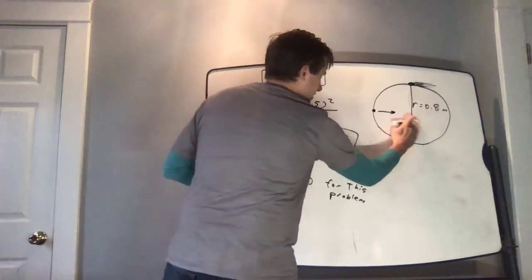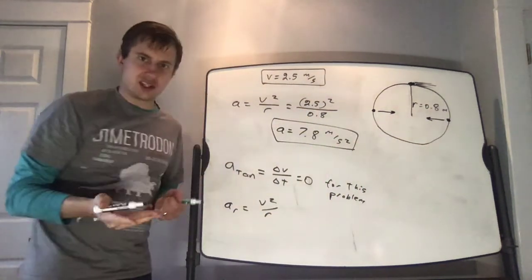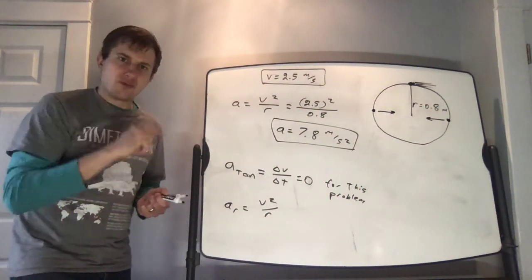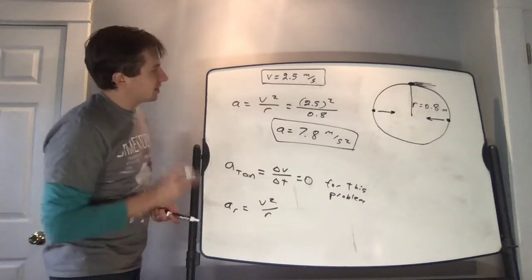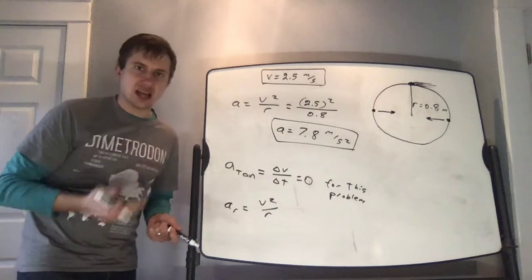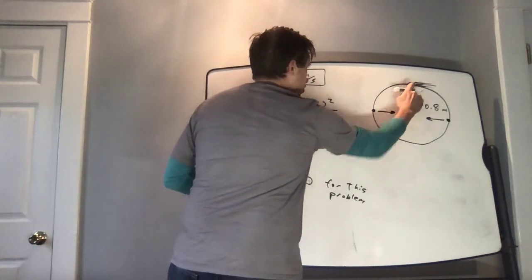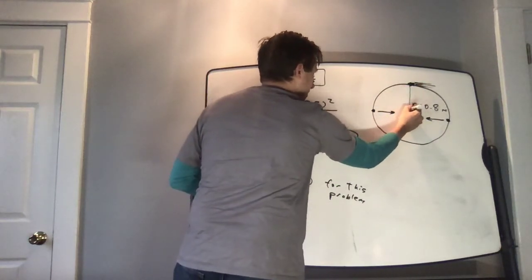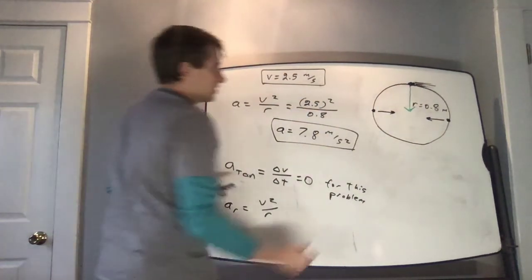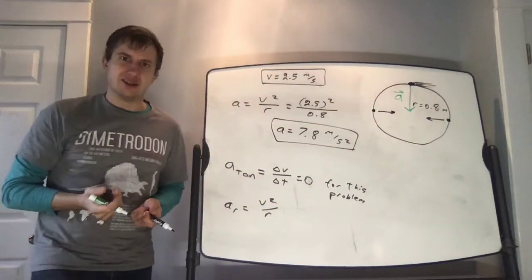If the object is over here in its path, the direction that is inward points to the left. However, this specific problem asks what is the direction of the acceleration when the object is at the top of its loop. When you're at the top of the loop, the direction that points towards the center of the circle is going to be straight down. So I would say the direction of the centripetal acceleration when you're at the top of the loop is straight downward.